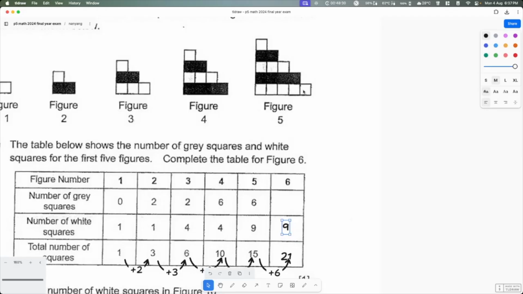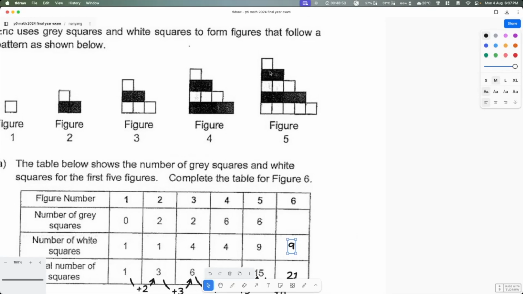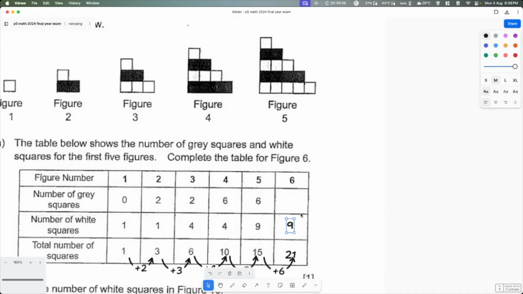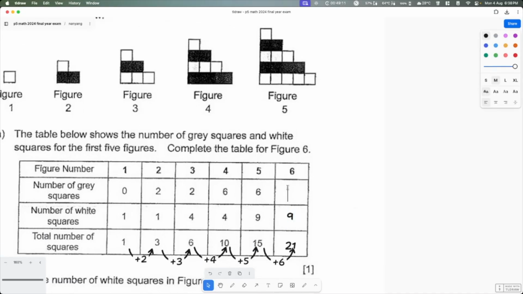Sorry. Over here, it starts from 2, and after that, for the gray squares, it adds 4. Then the total will be 6. So the next one will be 2, 4, 6, so we add 6 in this case. So this will be 12.